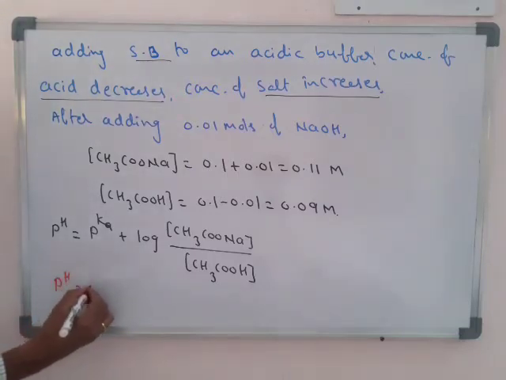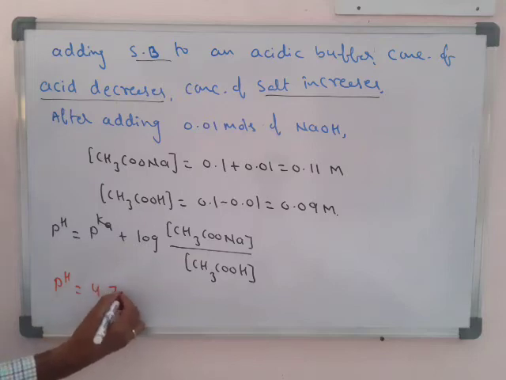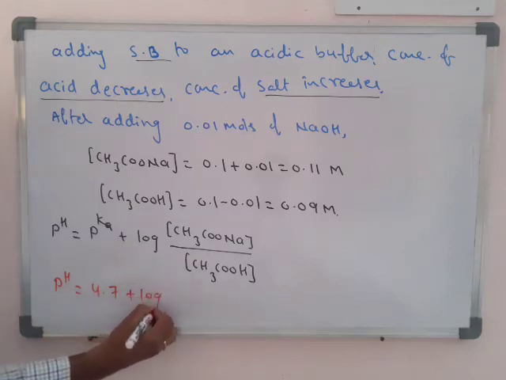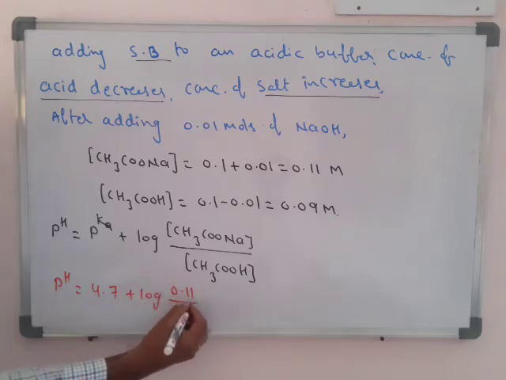The pKa is directly given, there is no change in the pKa. So how much is it? 4.7 plus log of acetate, 0.11 by 0.09.